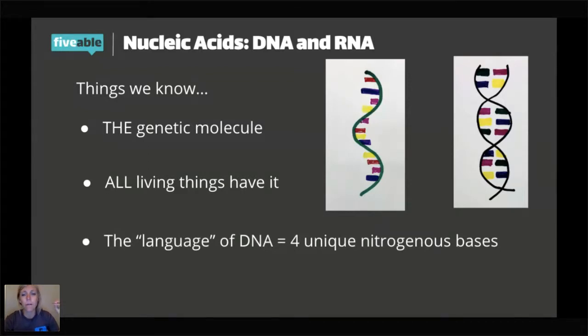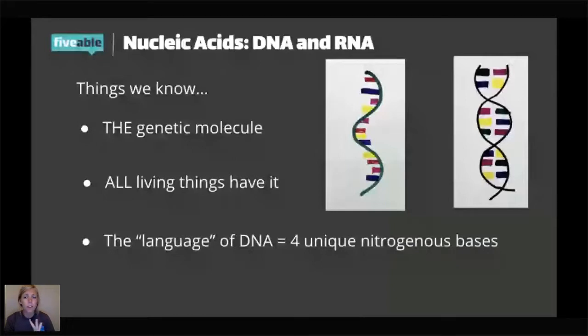Okay, so I know some biology teachers use the analogy that our English language comes from an organized assortment and sequence of 26 letters, right? We have 26 letters in the alphabet, and then we have this huge language where different words are put together in different sequences. In DNA, it's incredible that there are only 4 letters we're dealing with.